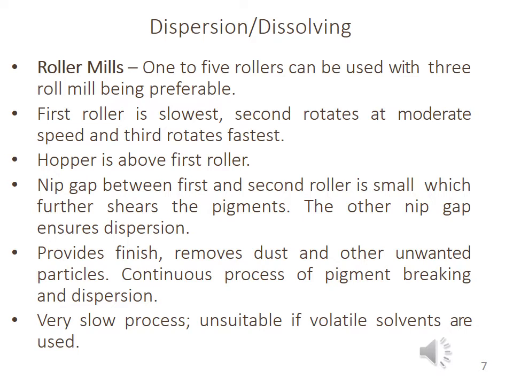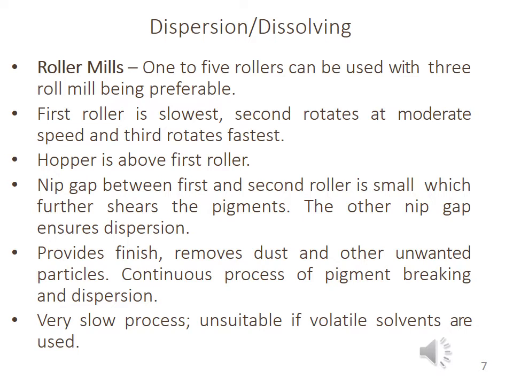So what are the characteristics and functions of the rollers used in the roll mills? The first roller is the slowest.